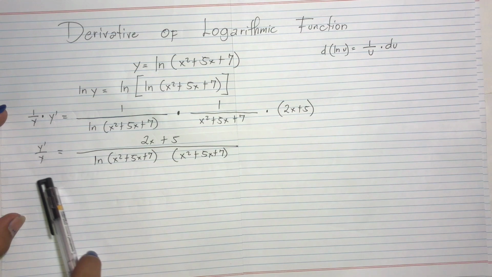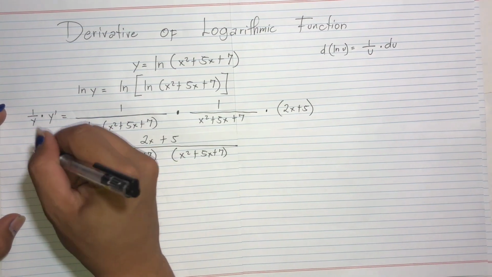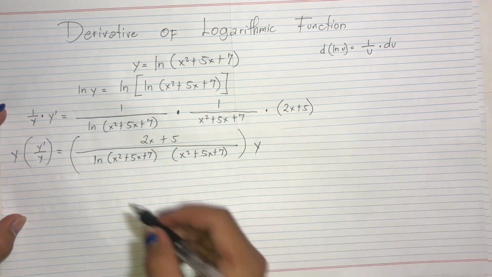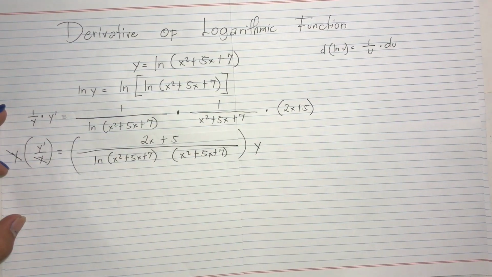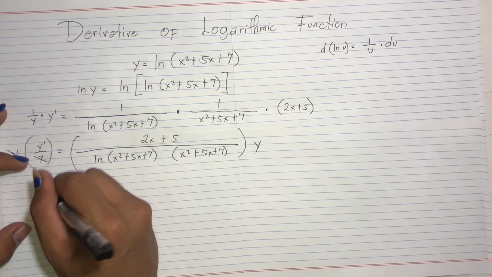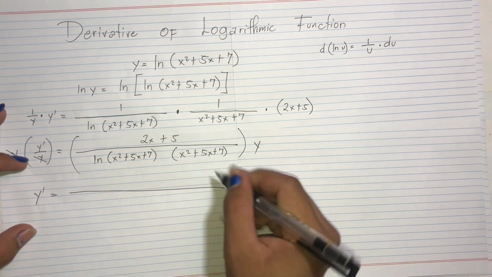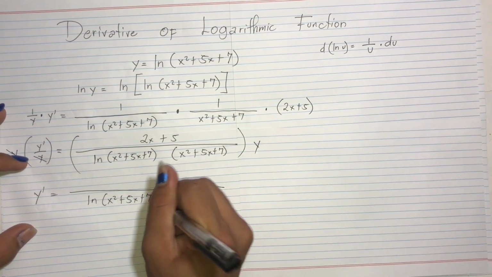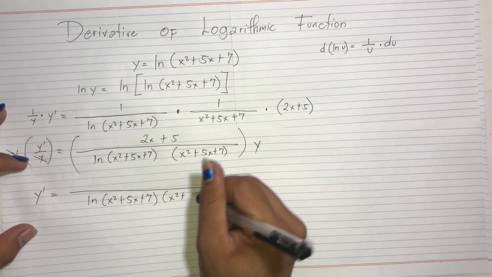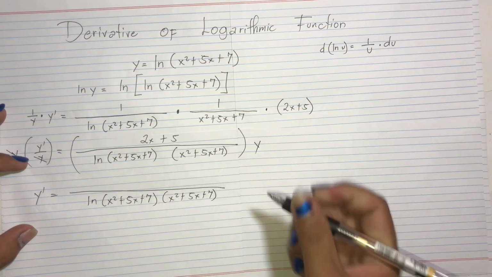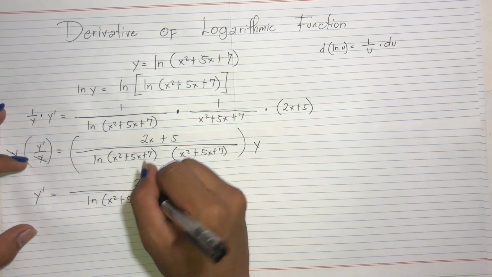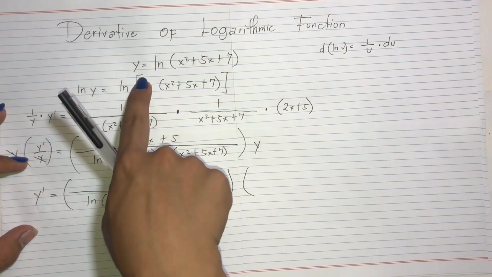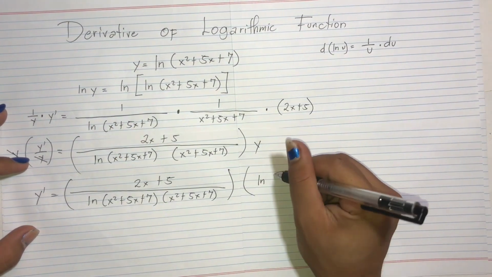To get rid of the denominator y, we will multiply both sides by y, so now it will be eliminated. y prime is equal to, the denominator will be ln of x squared plus 5x plus 7 times x squared plus 5x plus 7. The numerator will be 2x plus 5 times the value of y, which is ln of x squared plus 5x plus 7.